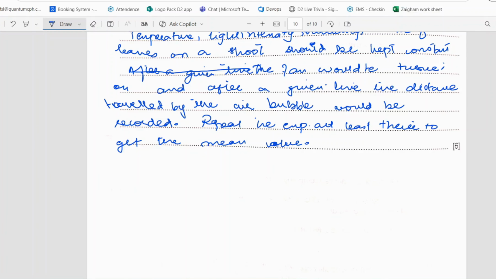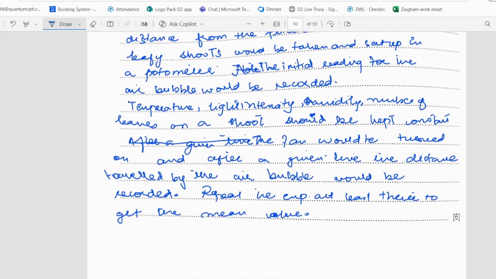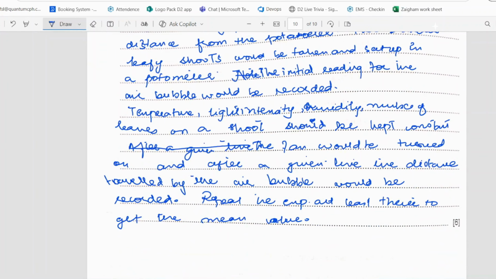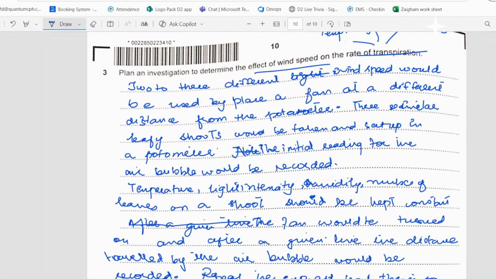Okay, what if they ask you about the precaution? Since you are cutting a shoot, use a scalpel carefully. Moreover, you're using a fan, so it's an electric fan, so you have to be careful while using it.